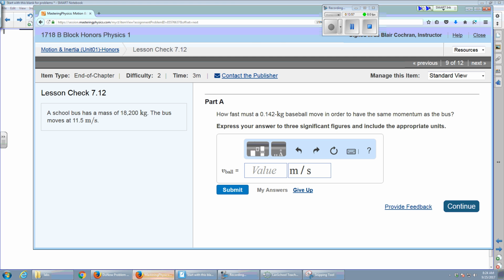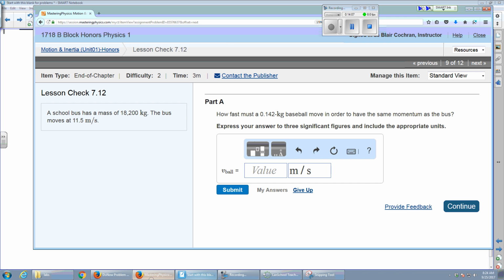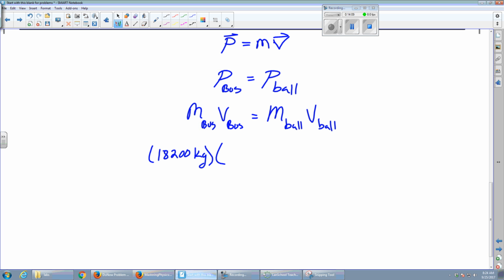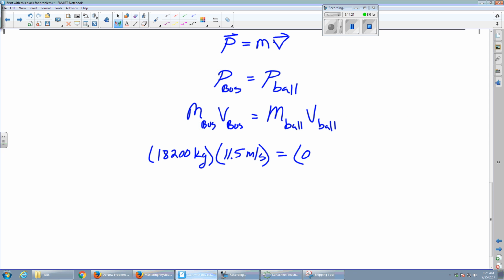So the inertia of my bus is 18,200 kilograms. Remember, your number is probably different. 11.5 meters per second equals the inertia of the ball, 0.142 kilograms.